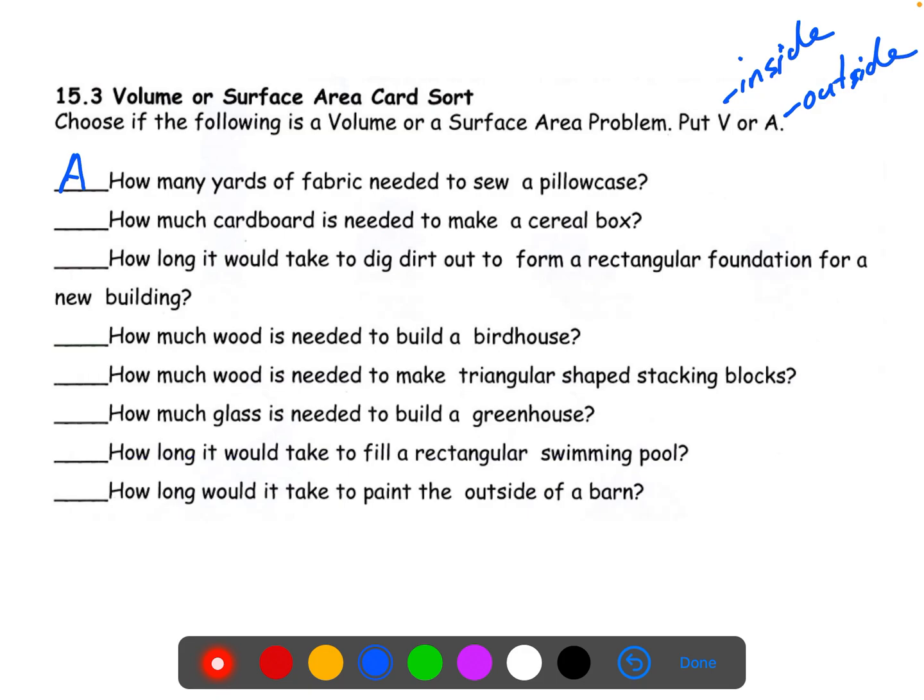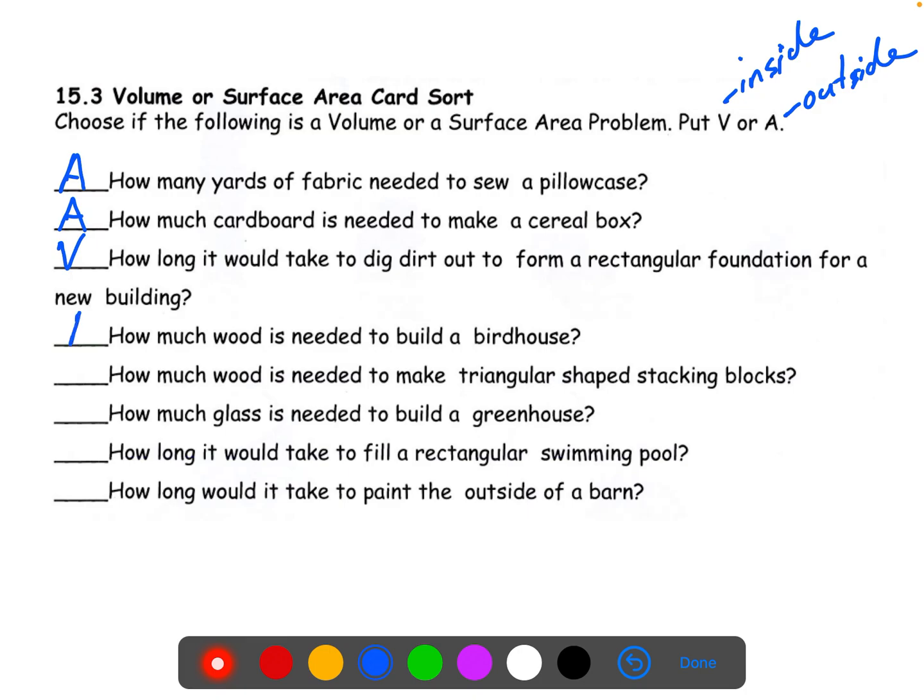So for the next one, how much cardboard to make a cereal box? We're making the outside of that box, so we need to know its surface area. The next one is talking about the amount of space inside of a rectangular foundation for a building. That's the volume.